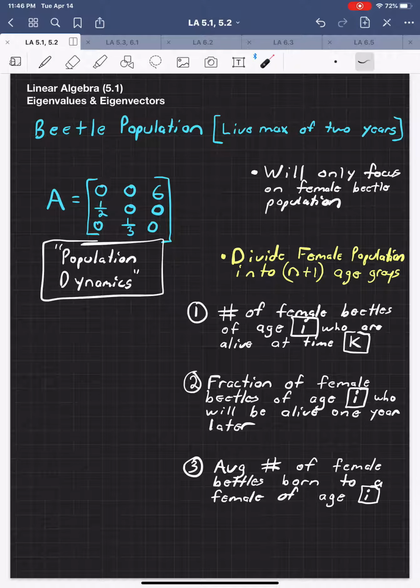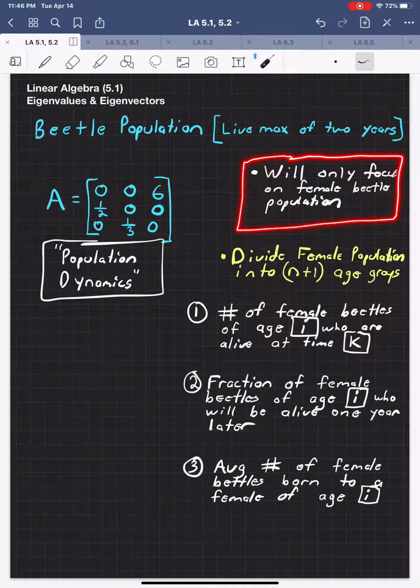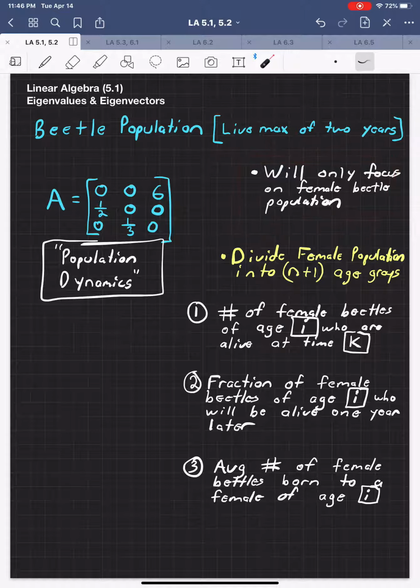Now, what is often done in population dynamics is you focus your study on simply the female population, because you can safely assume that males will always be some percentage of the female population, or the percentage of the babies born. So you just focus your efforts on the female population in general.